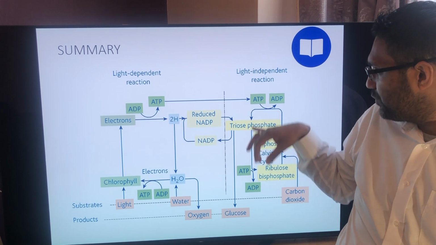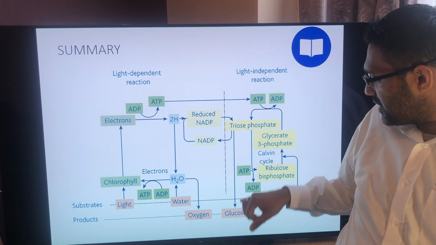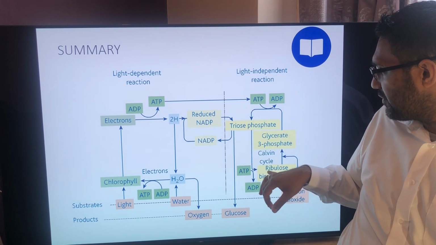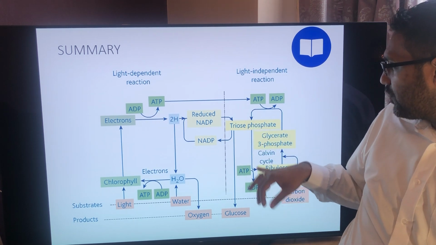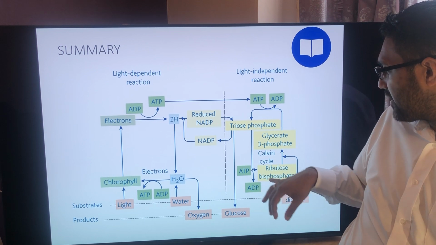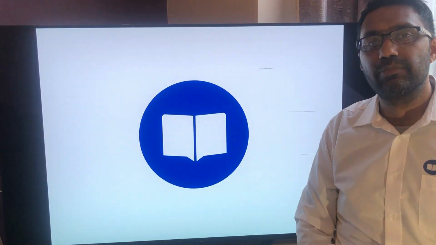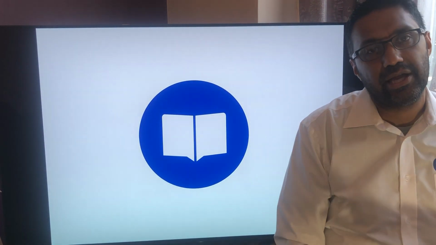The TP then gets turned into glucose. The TP also gets reconverted back into RUBP with the help of ATP, and therefore this cycle can happen over and over again. That's a summary of all the photosynthesis biochemistry.